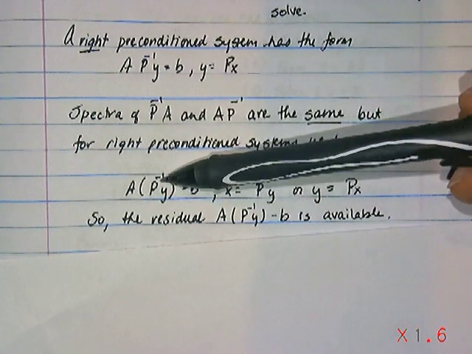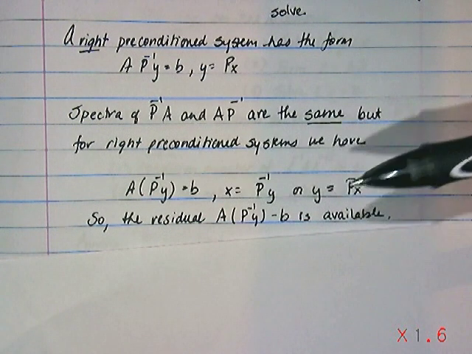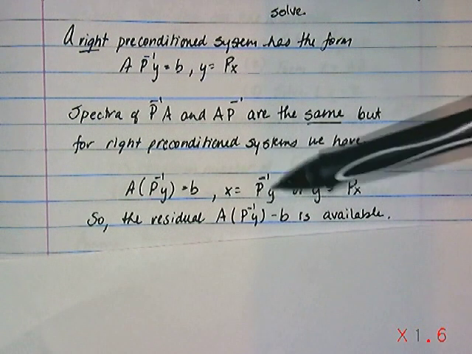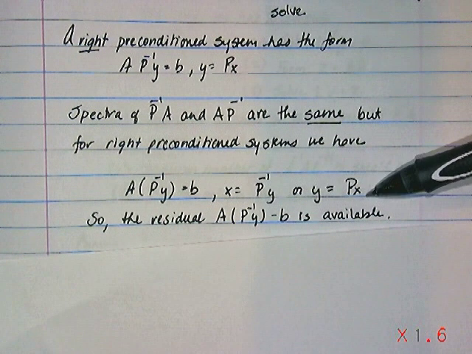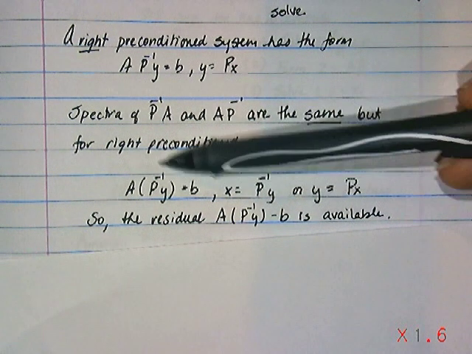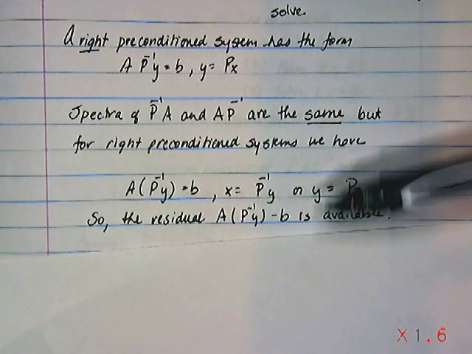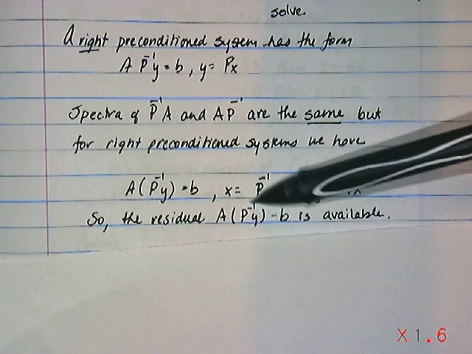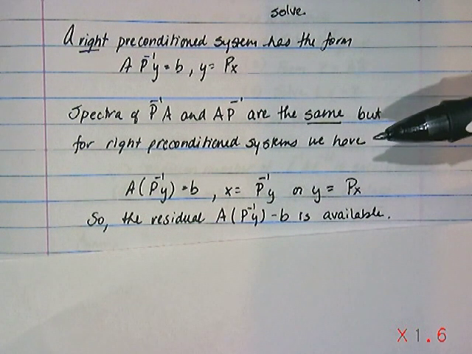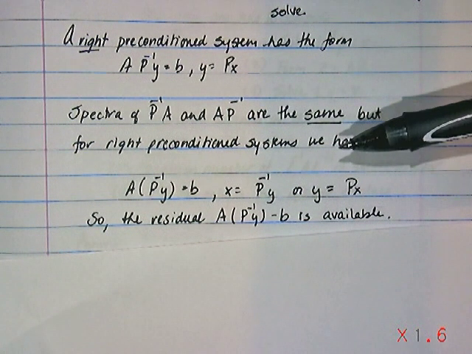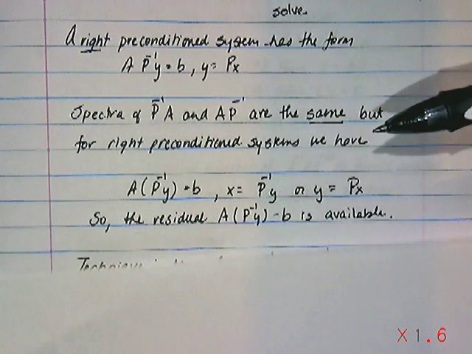If you think about preconditioning on the right, the solution you're seeking, X, is just P inverse Y, or Y equals P times X. So as you're solving and getting Y, you're immediately able to get the residual. Okay, so it's just one slight advantage of this configuration with multiplication on the right.